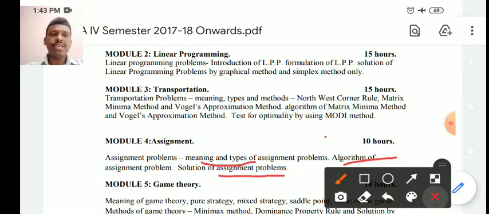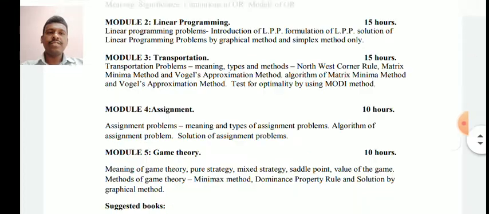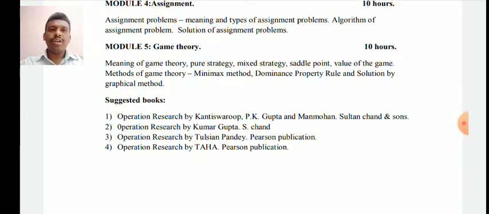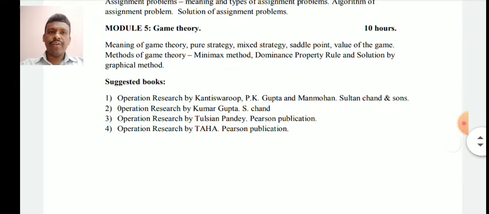Apart from this, the last module is known as game theory. This is a method where strategies can be tested by various companies in business scenarios. It deals with the meaning of game theory, what is pure strategy, what is mixed strategy.